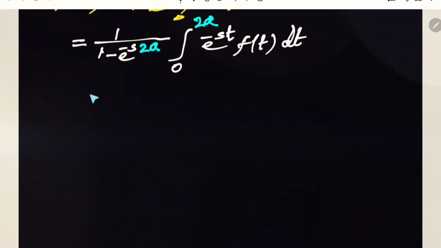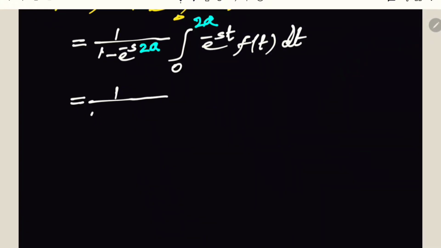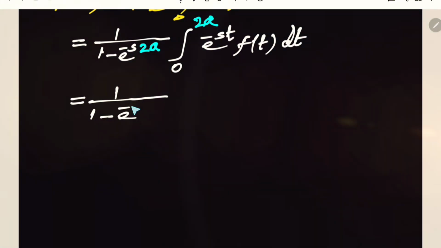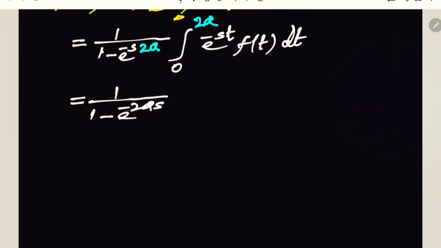The function has two values, therefore in the next step we have to split this integral as per the given function. Therefore 1 minus e raised to minus 2as, then splitting that integral as 0 to a and a to 2a.